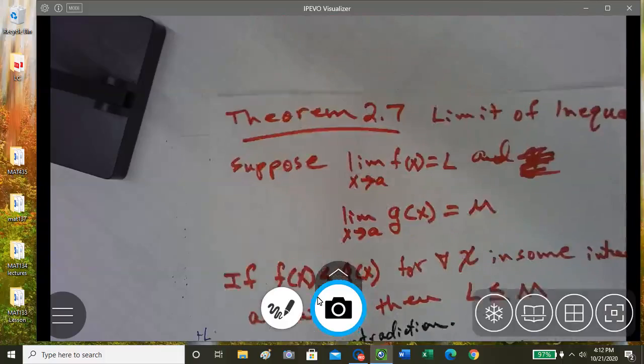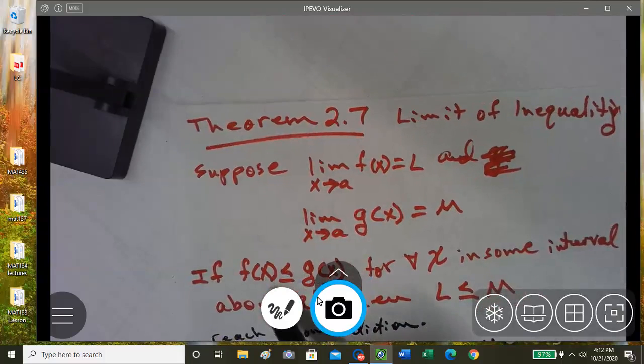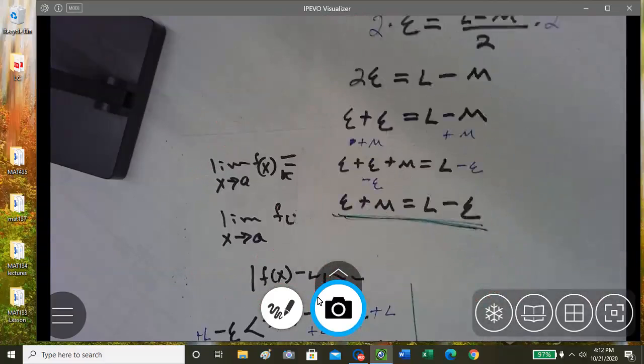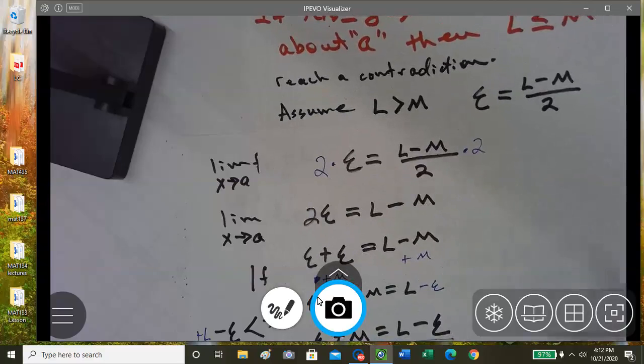But that's a contradiction to what we said here. We said f of x was less than or equal to g of x. So that's a direct contradiction.